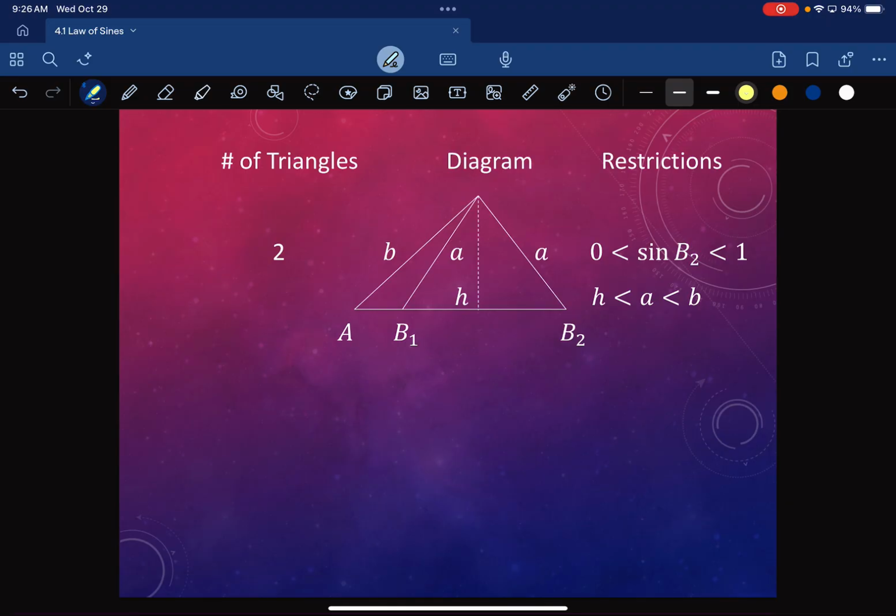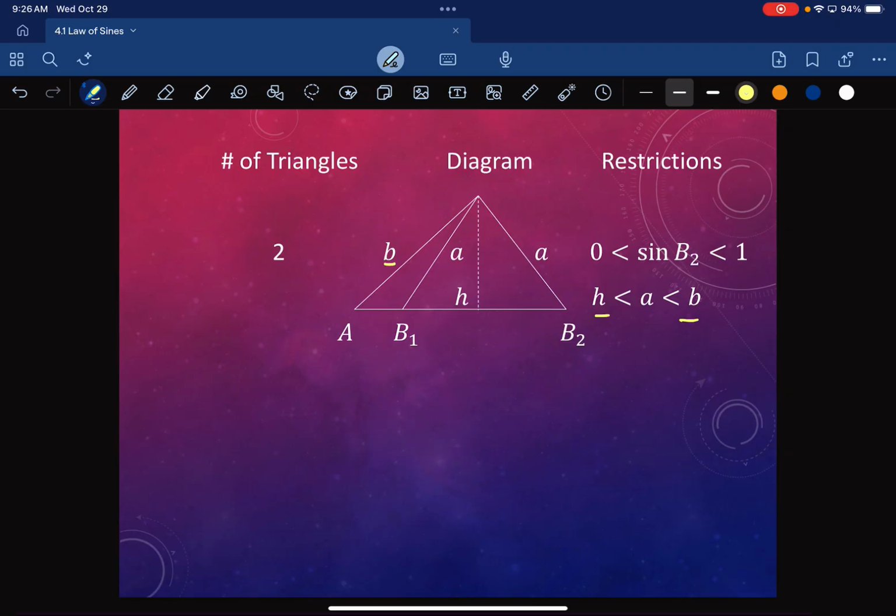So take a look. Angle B, side B and side A as listed before. I have A bigger than H, right? This length is taller than this length. But the problem that I have on this one is that it's between that and B, right?